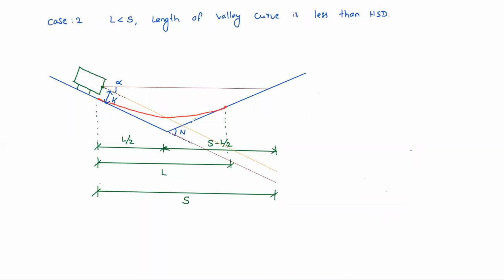Now this angle also, of course, is n. Now here to here, this angle is very small, so let us assume this itself.